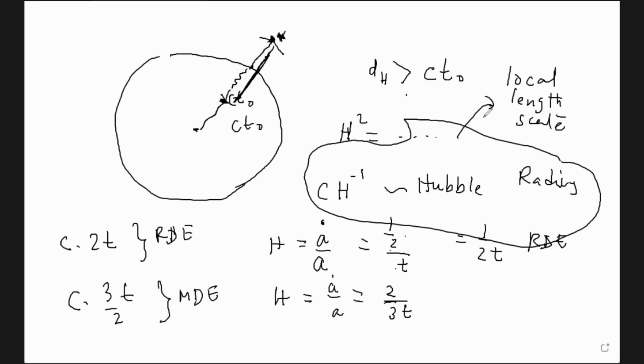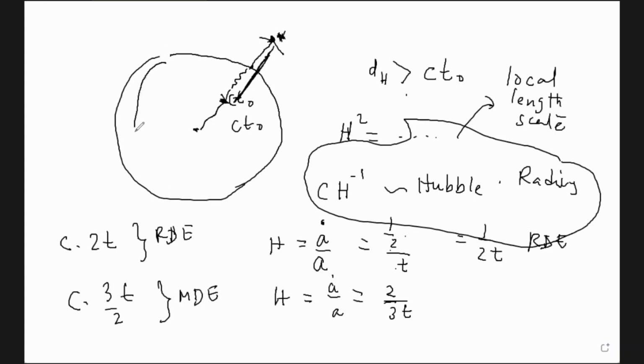But if some distances are beyond the Hubble radius, then they don't do anything. Basically later we'll know that this Hubble radius in cosmology acts as a boundary. So this is the horizon, but horizon and Hubble radius are different. We just saw it can be the same but similar.